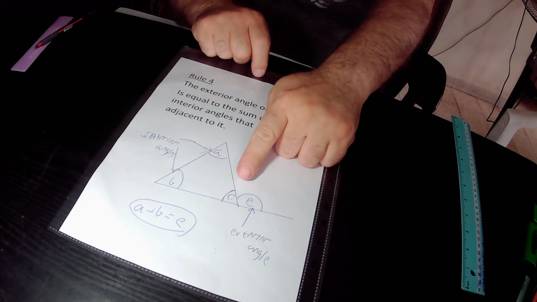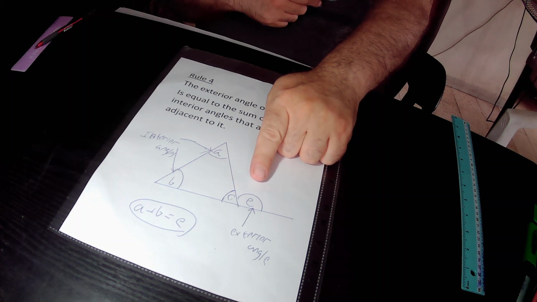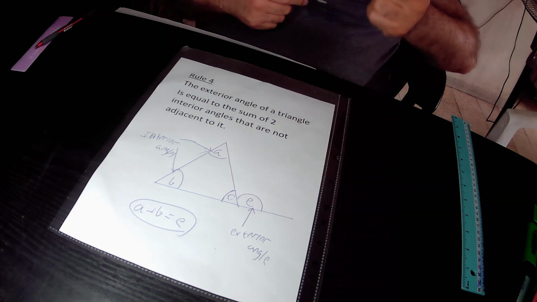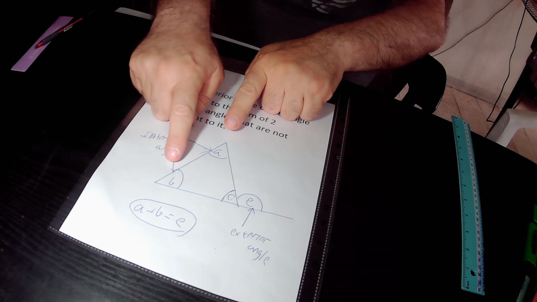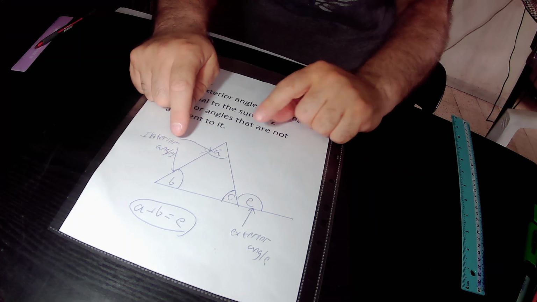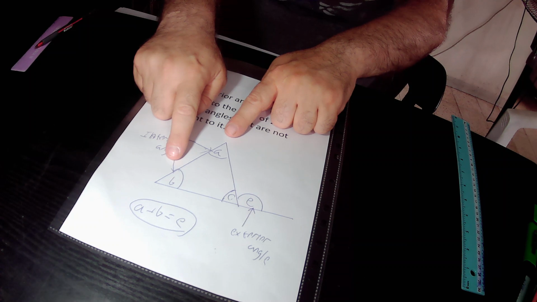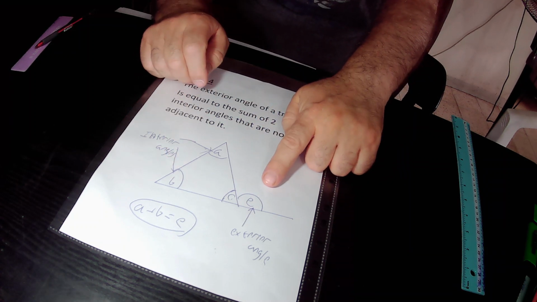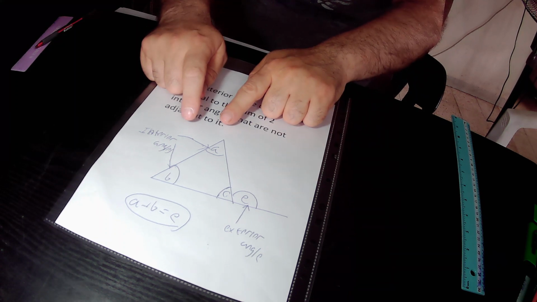And this is angle C. It is an interior angle that is adjacent to angle E. The two other angles, A and B, are not adjacent to angle E. And the sum of those two angles is A plus B. So the size of this exterior angle, angle E, is equal to A plus B.